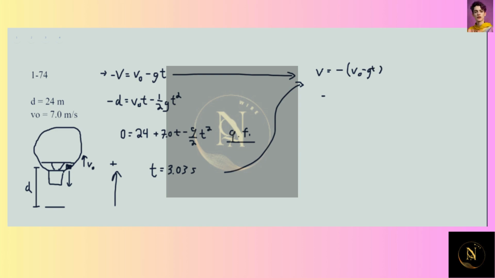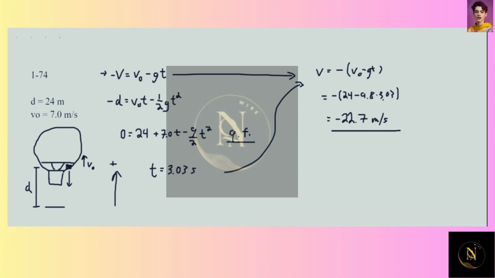Again, taking into account the negative: negative 24 minus 9.8 times 3.03. We solve for this and find that our final velocity is negative 22.7 meters per second. There you go.